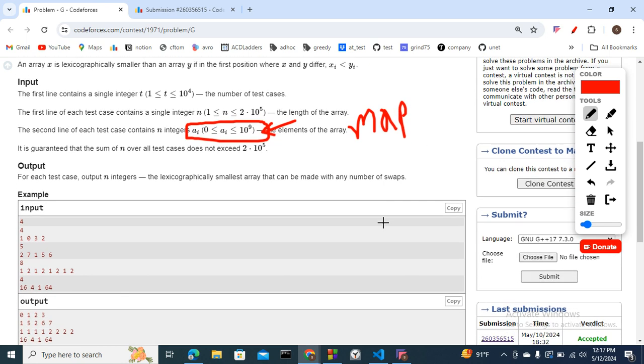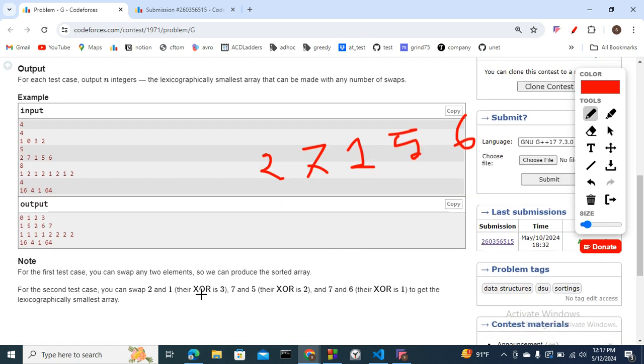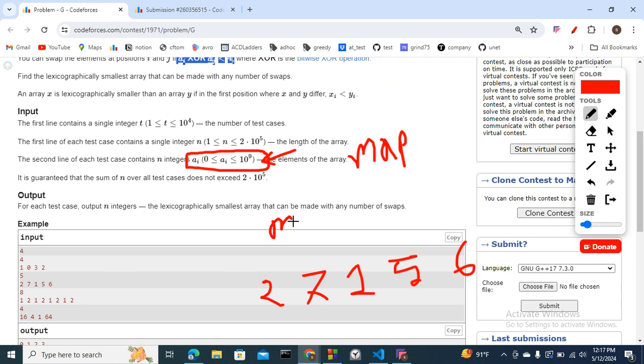If I look at the example again, I will take a map.